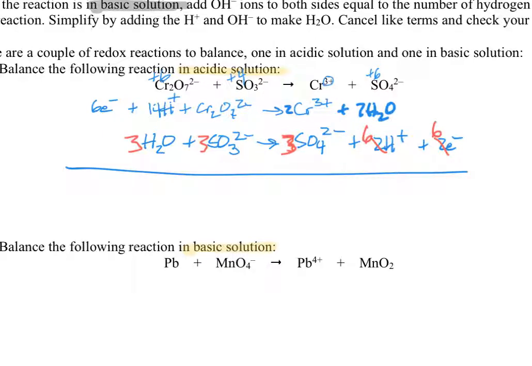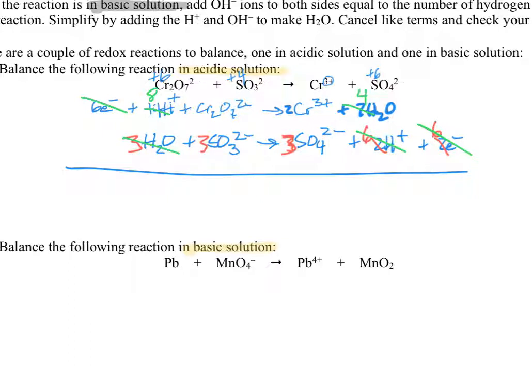So one thing that absolutely, positively has to go away at this point is, of course, the electrons. 6 electrons, 6 electrons. One thing that will often go away at this point would be things like H+ and water. I have 6H+ there, 14 there, so that can become 8H+. I have 3 H2Os there, 7 there, so that can become 4 H2O.